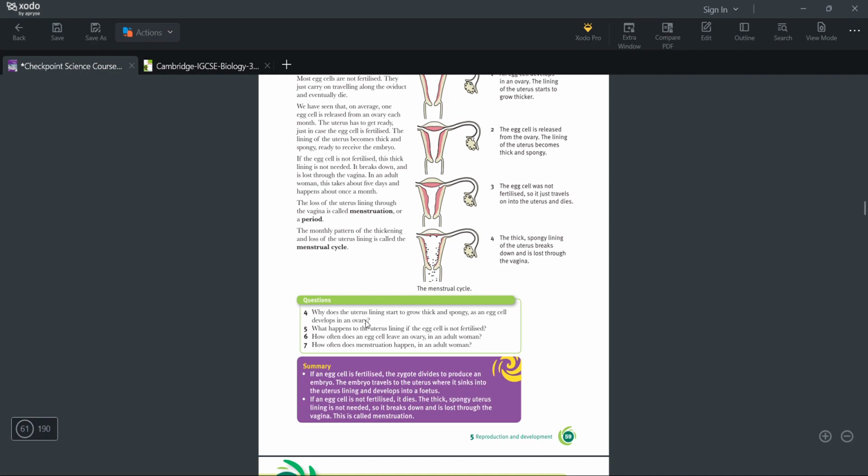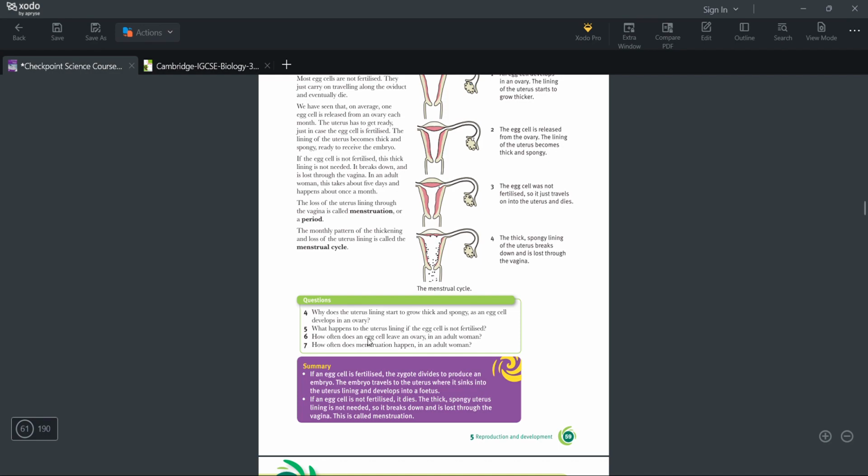What happens to the uterus lining if the egg is not fertilized? It starts to break down and will be lost through the vagina once every month.